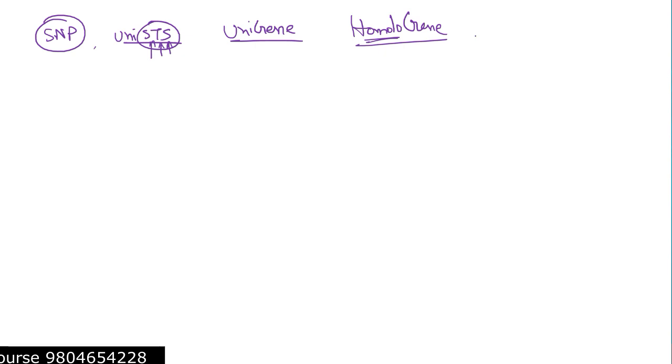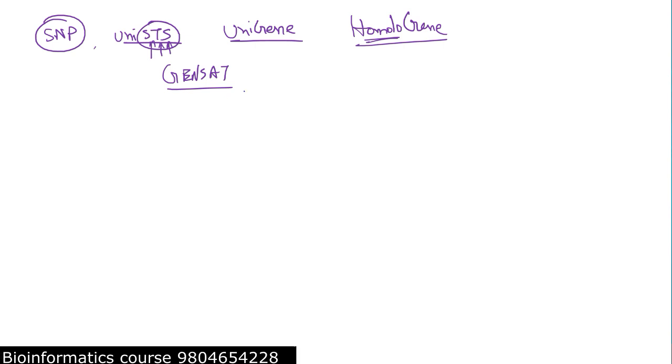Then there is the cancer chromosome database, where all the chromosomal aberrations related to cancer are present. Then we have GENSAT, gene expression pattern in the mouse CNS, where we study gene expression patterns in the mouse central nervous system.